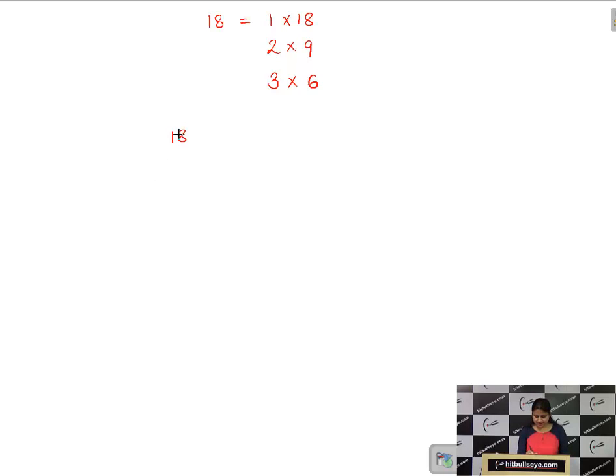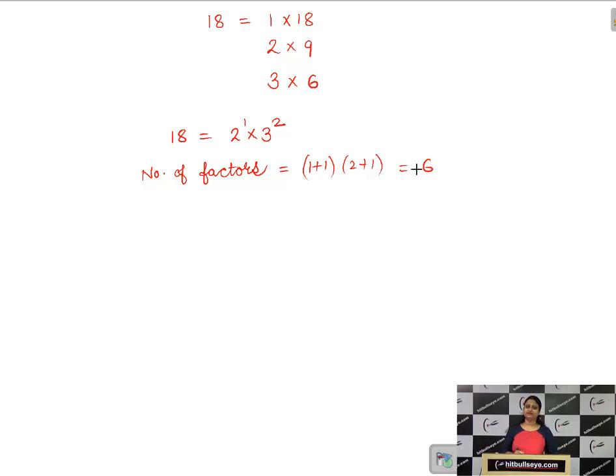If we write prime factorization of 18, it will be 2 raised to power 1 into 3 square. So if we write down the formula for number of factors, it will be 1 plus 1 into 2 plus 1. So in total we have 6 factors which I have listed.